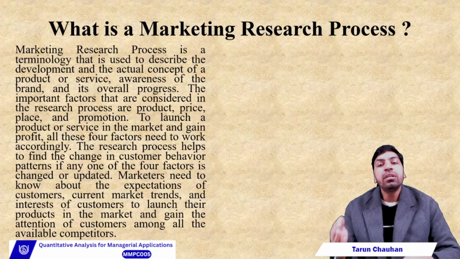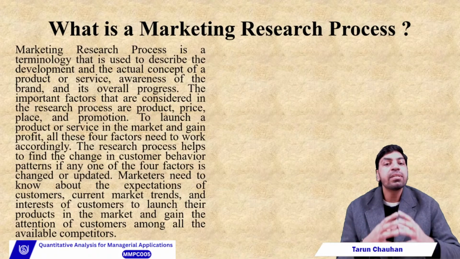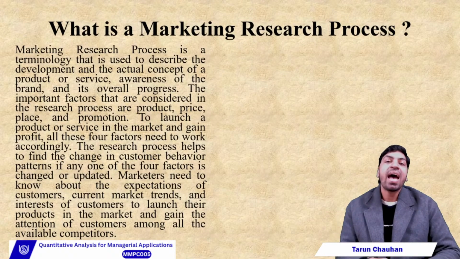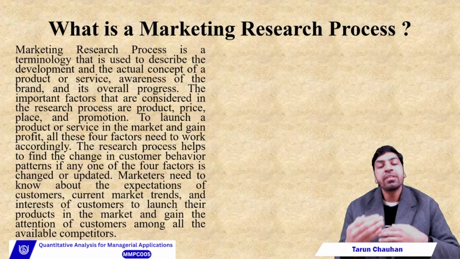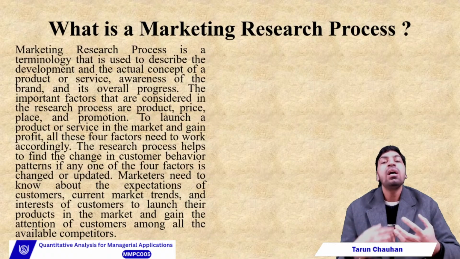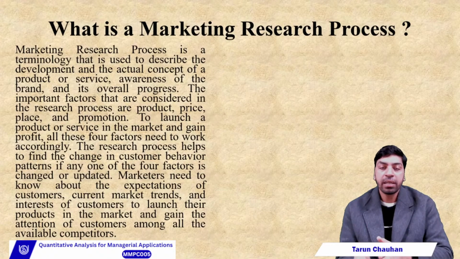So whenever a company tries to launch a new product or service in the market and earn a profit and revenue, these four factors of the marketing mix would be considered accordingly, and the researcher has to work on these four factors before launching a particular product or service into a market.